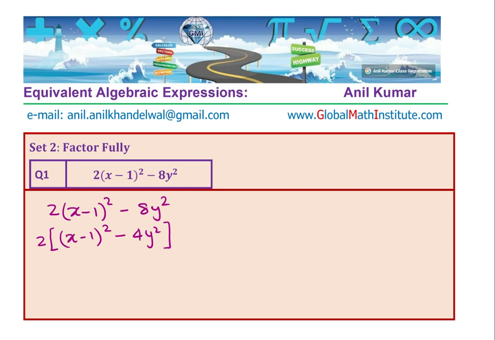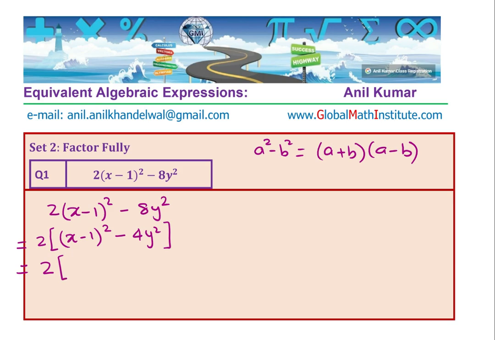So we can factor out 2. We have to factor fully, right? So now we have difference of squares. As you remember, a square minus b square is equal to a plus b times a minus b. And therefore, we can further factor this.